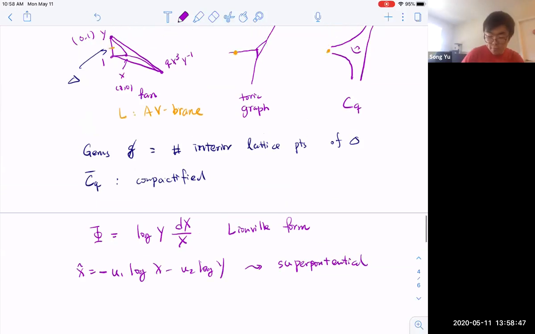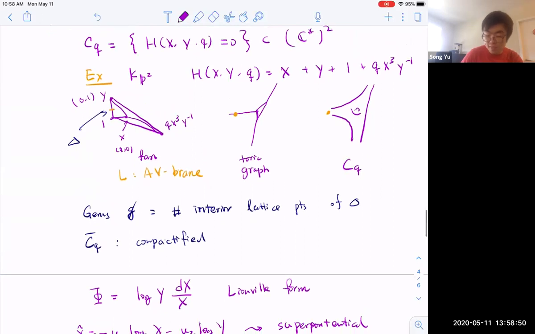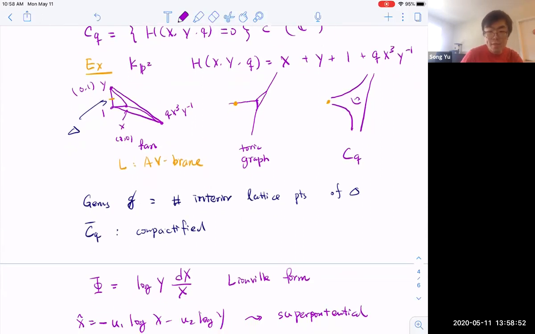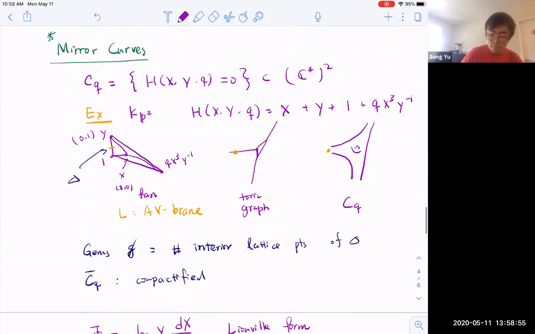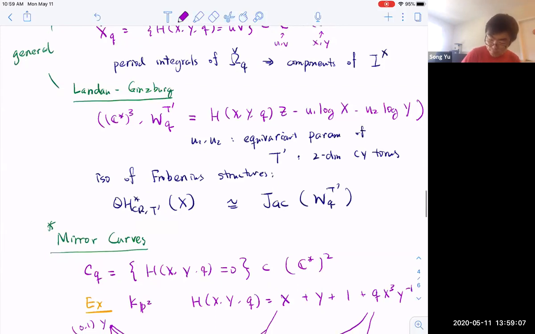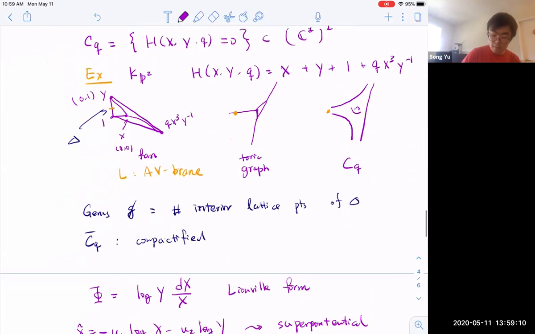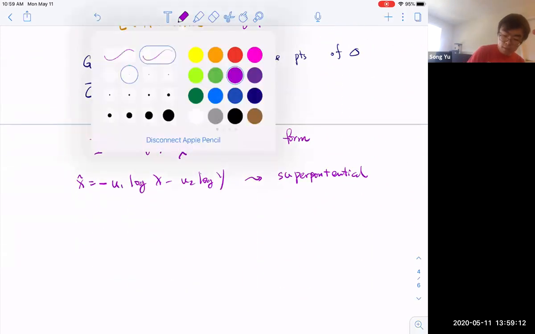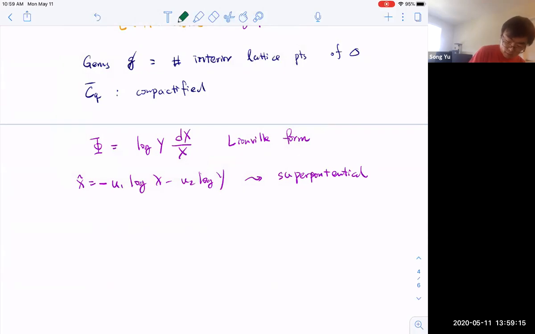So you can also view the mirror curve as a Landau-Ginzburg model. And it turns out that this Landau-Ginzburg model will be equivalent to the bigger one that I mentioned above. So you can extend this isomorphism of Frobenius algebras to the mirror curve, and you can also identify the oscillatory integrals of the two superpotentials. This is all described in the paper by Bohan Fang, Melissa Liu, and Zhengyu Zong. This process is called dimensional reduction.